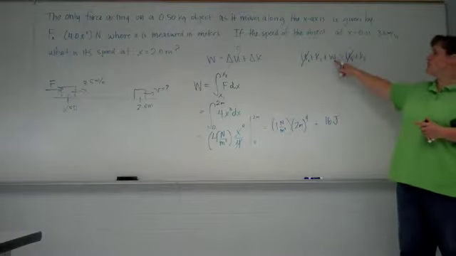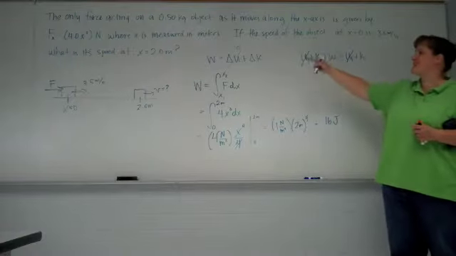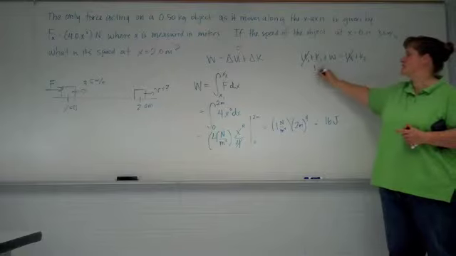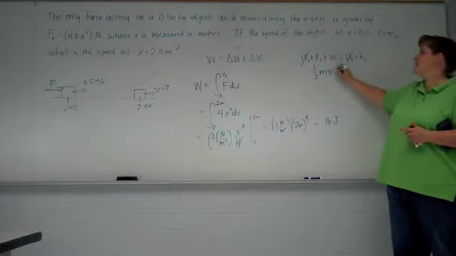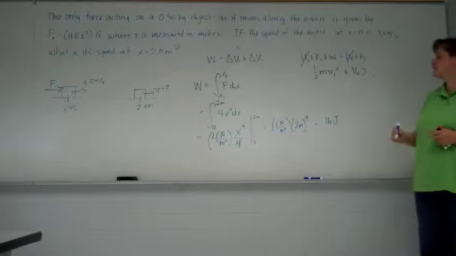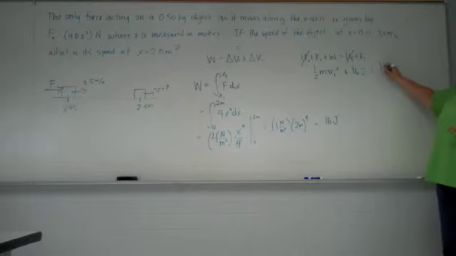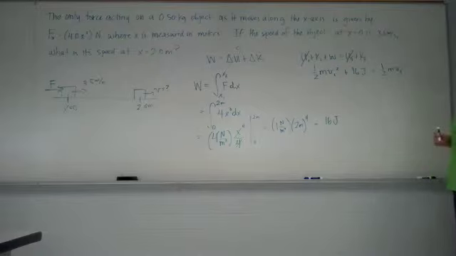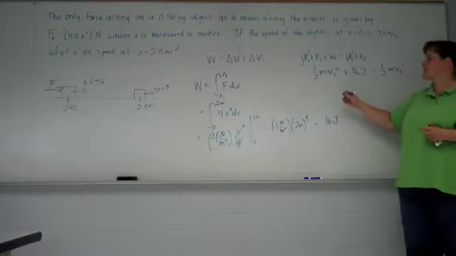Now that we know the work, we can come back and plug it into either equation. If we plug it into this one, we have 1/2 m v initial squared plus the work that was done, the 16 joules, has to equal the final kinetic energy, so the 1/2 m v final squared. We're looking for v final, so we're going to divide by 1/2 m and take the square root.